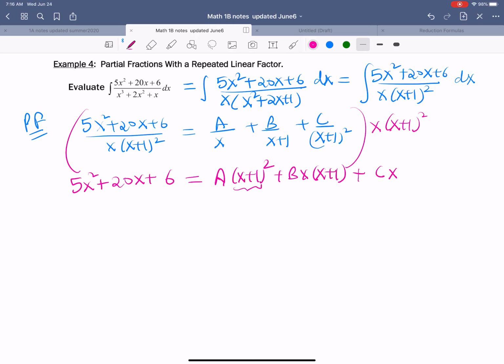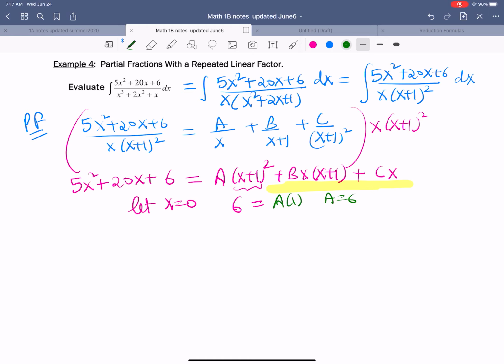We can do that, or let's go ahead and plug in values for x. Let's let x be 0 first. If I let x be 0, all the factors that have x in them will turn into 0. So if I let x be 0 on both sides, I am left with 6 equal to a times 1.